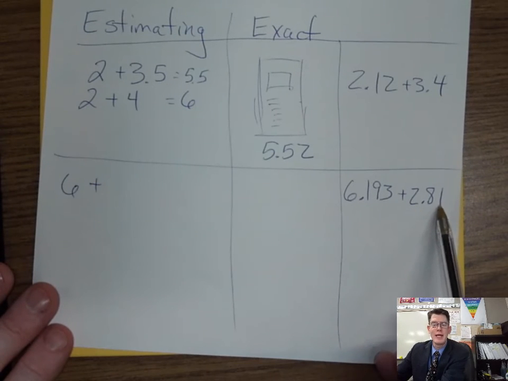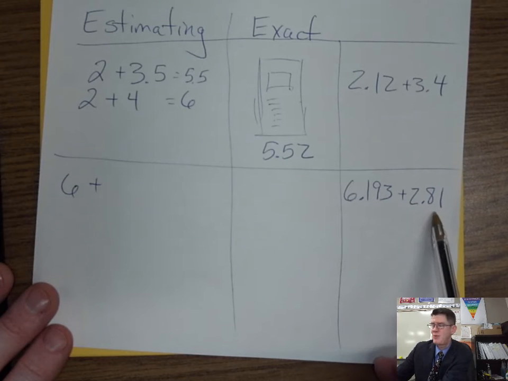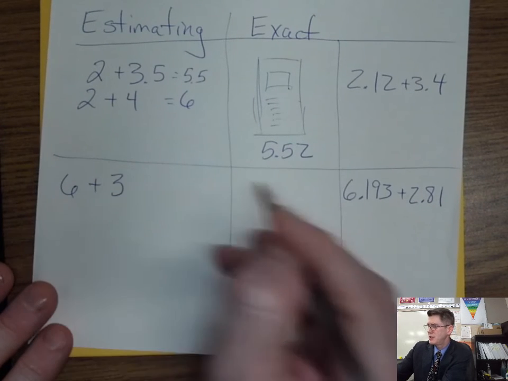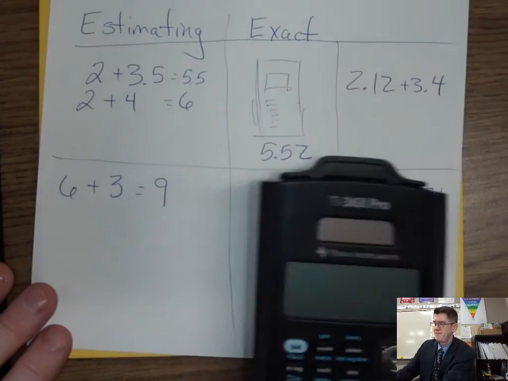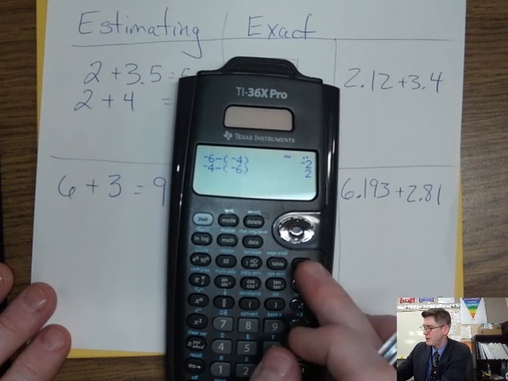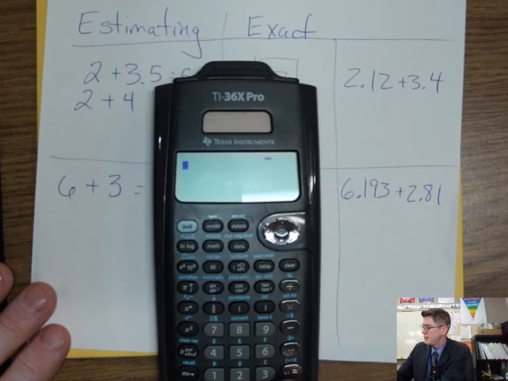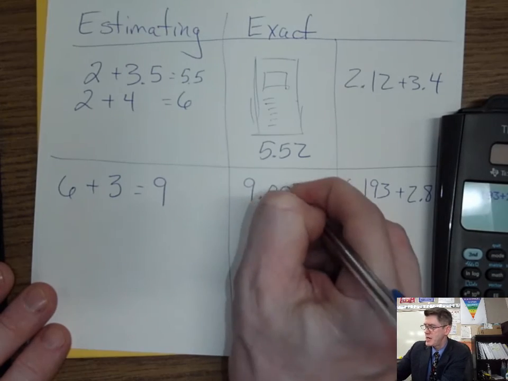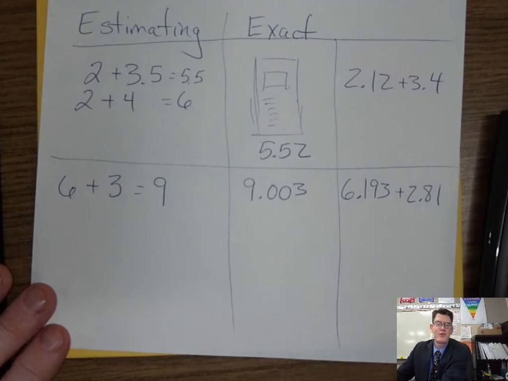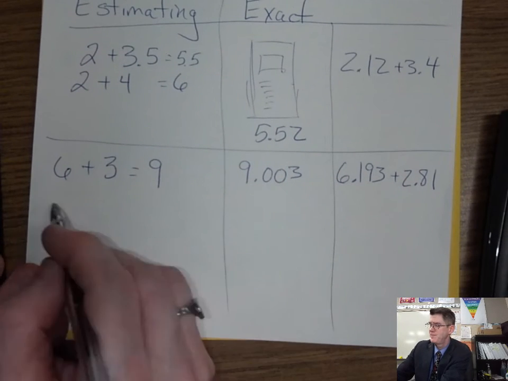And then 2.81, some might choose 2, some might choose 2.5. I see this is so close to 3, so I'm just going to say 6 plus 3, which gives me 9. Then to find the exact number, just using the calculator, 6.193 plus 2.81. Oh, look at that. That one just happened to be within 3 thousandths of that answer.